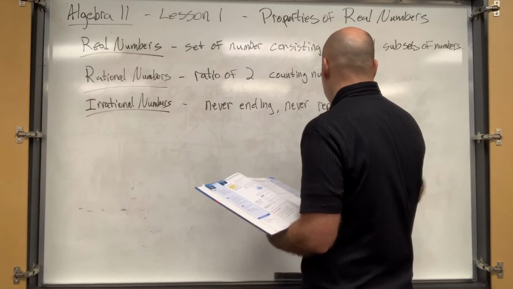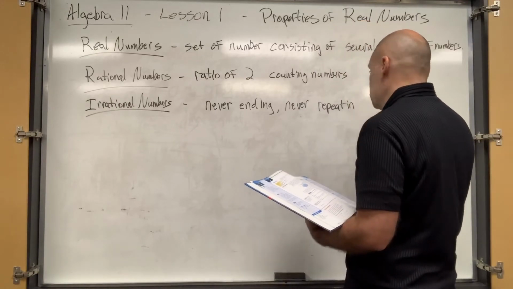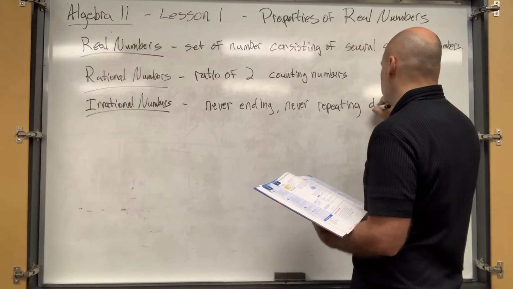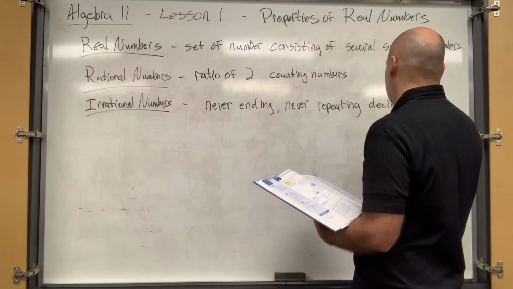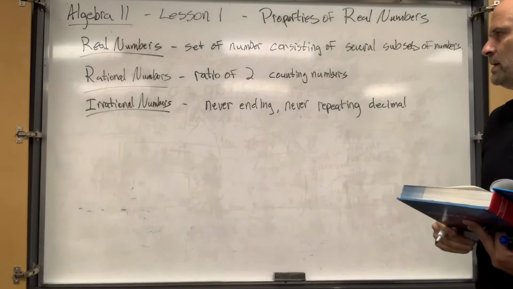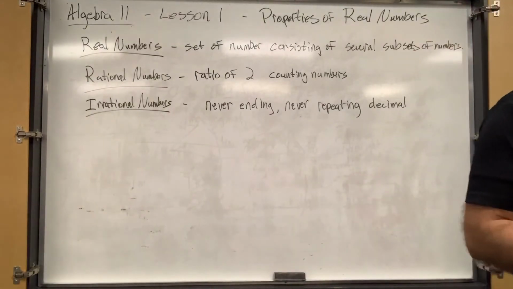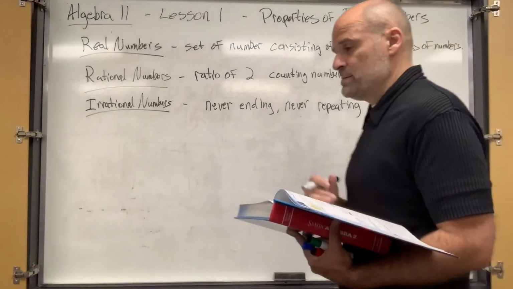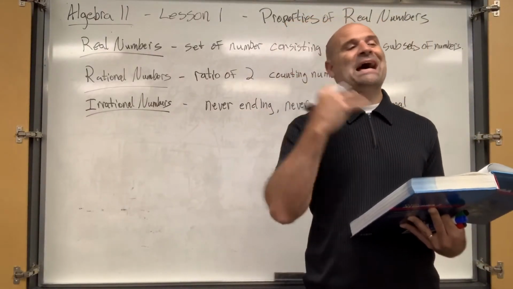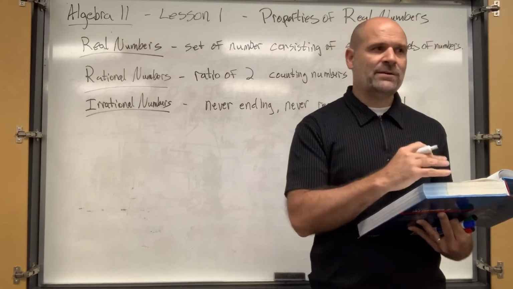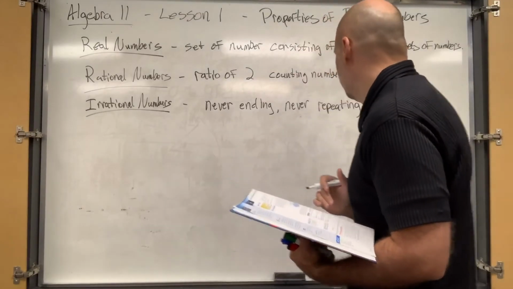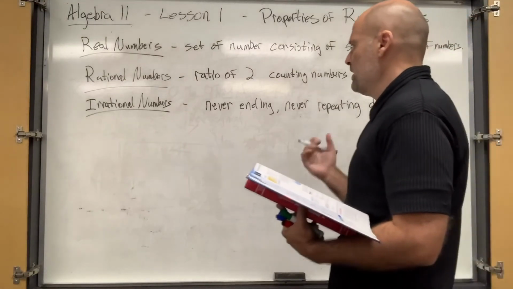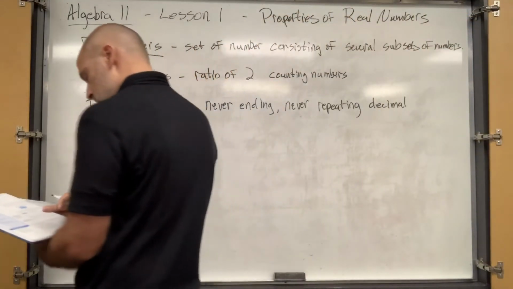So it's impossible to write out using digits an irrational number. Okay? A good example is pi, 3.14159, and then it keeps going. And it never repeats. There's never a pattern. People devote their lives to try to find a pattern. Stay away from those people. Okay? So there's no pattern, there's no repetition, it never ends. Okay? So those are irrational numbers.